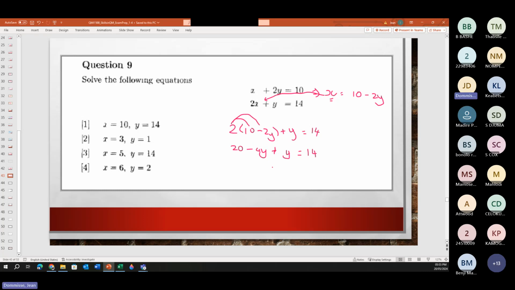Minus 4y plus y is minus 3y. Plus 20 goes to the right-hand side, so it becomes minus 20. So 14 minus 20 is minus 6. So y is equal to 2. All the others wrong. But then what we do as well, just to make sure, we put in the formula y is equal to 2.